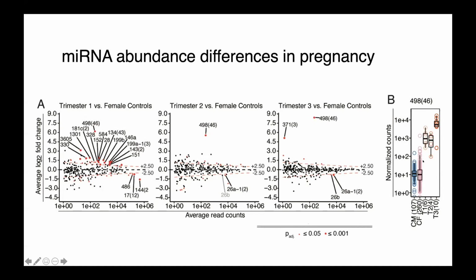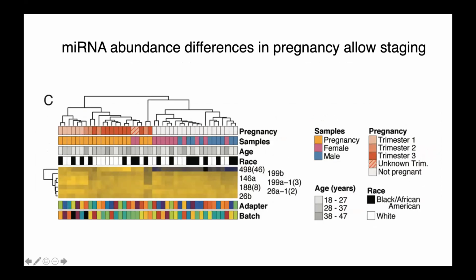And when looking at this box plot, one sees that this contribution actually increases about 100-fold when comparing non-pregnant to trimester 1 and 2 women, and about up to 5,000-fold when comparing trimester 3. So this fits nicely to the biology.